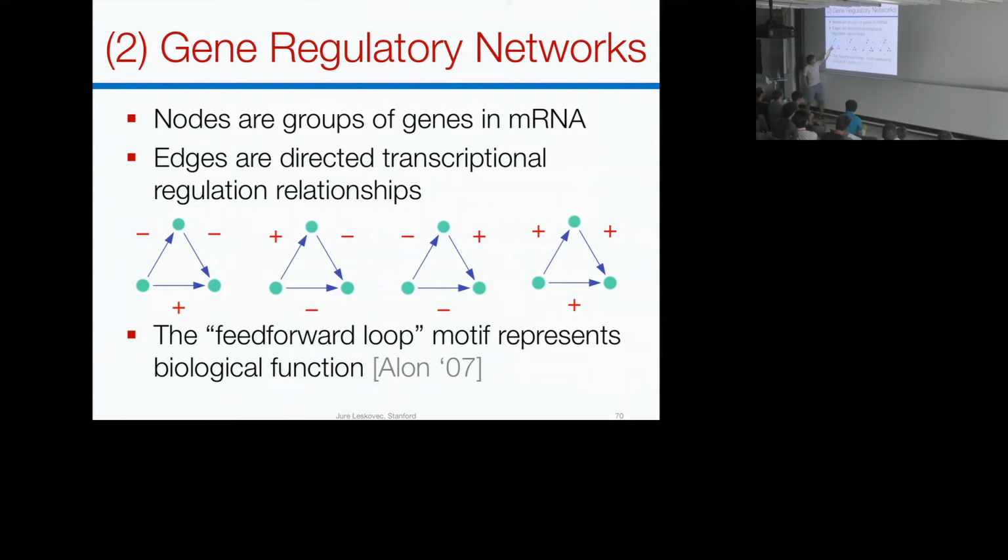What do I mean by feedforward loops? Here are these feedforward loops, and they are what biologists would call coherent, in the sense that there are either 3 pluses or 2 minuses and a plus.